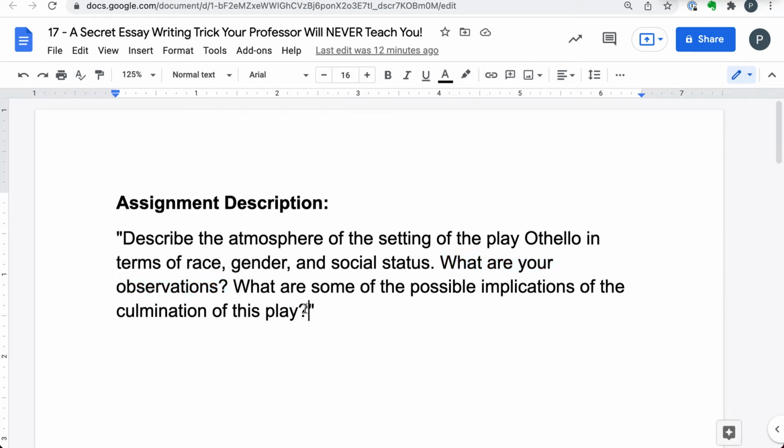No. Here's something that you really need to be careful about, and you really need to think clearly when you are interpreting your professor's assignment. What are your observations? Well, when you're describing the atmosphere or whatever it is that you're describing, what are you really describing?